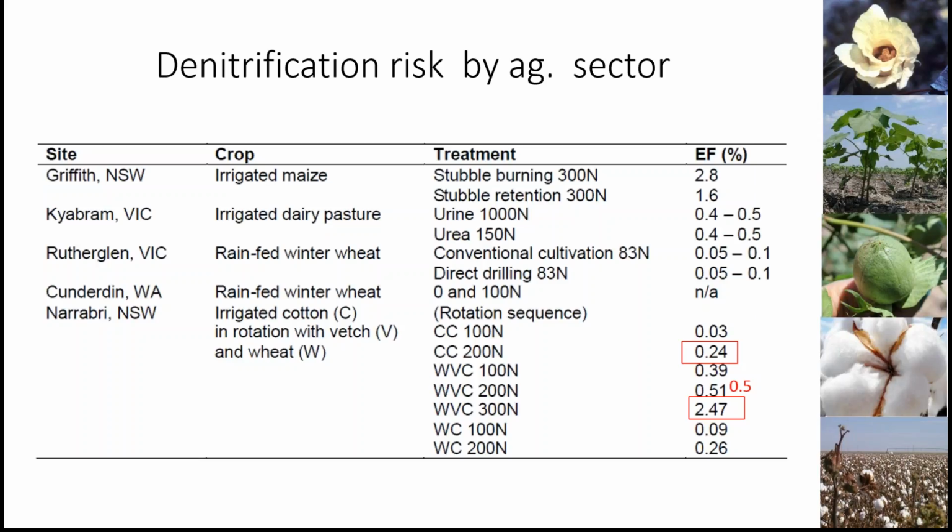From an environmental point of view, Australia is judged on emission factors for industries, or the industries are accountable based on their emission factors.